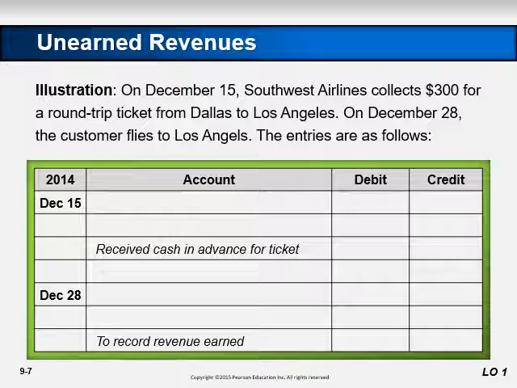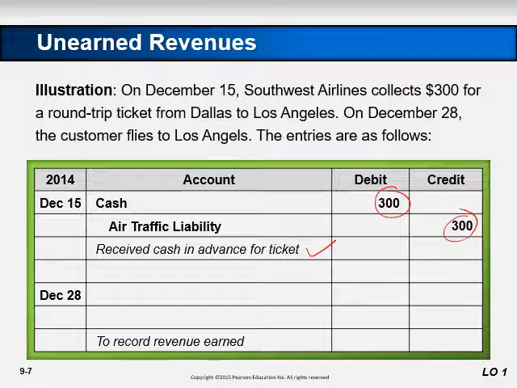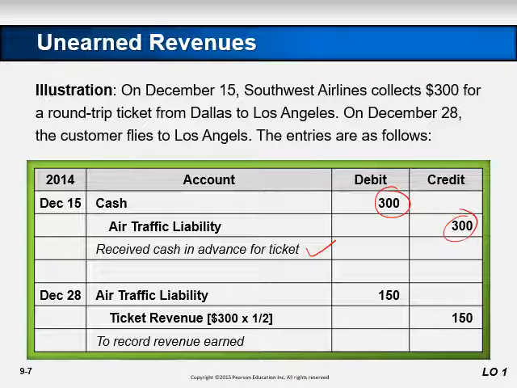When you receive the unearned revenue, or you receive the amount, and you have to perform services or send goods later on, there are going to be two entries needed. One entry is when you receive the cash, and one entry when you deliver the goods. When you receive the cash in advance, in this case for a ticket, the entry would be cash to unearned revenue, or air traffic liability, 300.